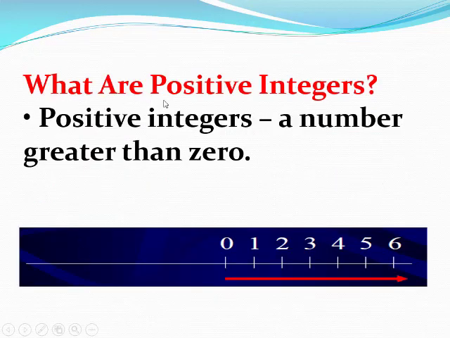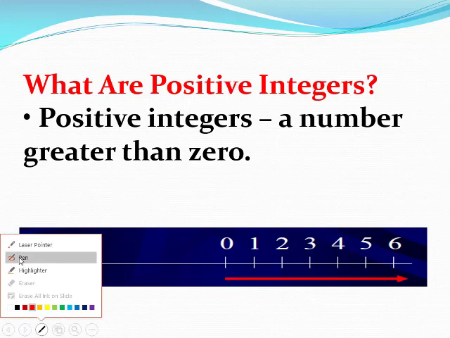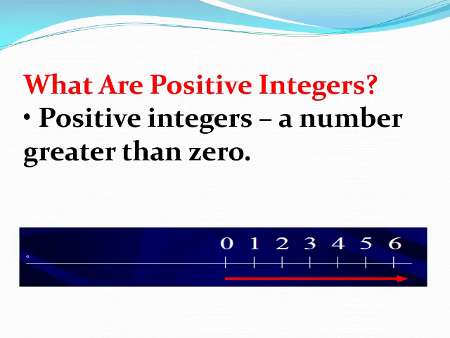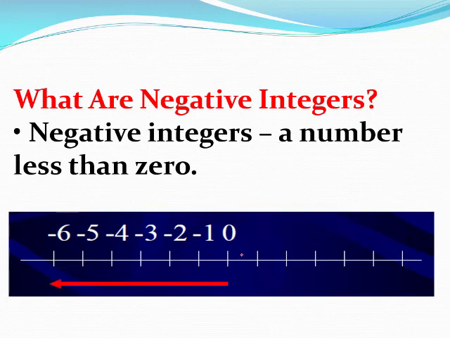Let's see what are the positive integers. The positive integers are 1, 2, 3, all the numbers greater than 0. So all the numbers greater than 0, 1, 2, 3, 4, and so on. We don't take 0 with us. And what are the negative integers?